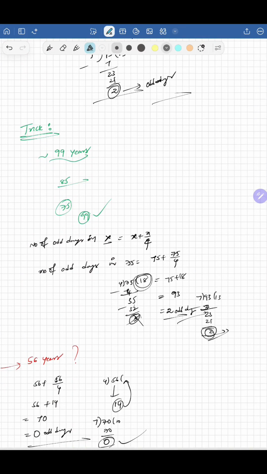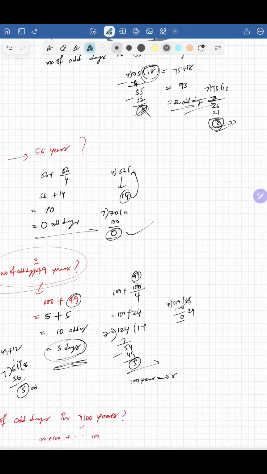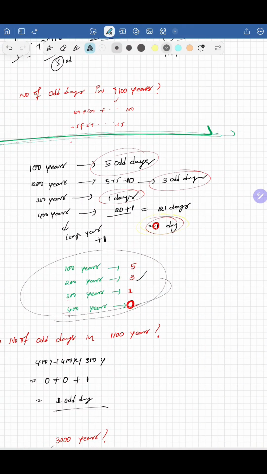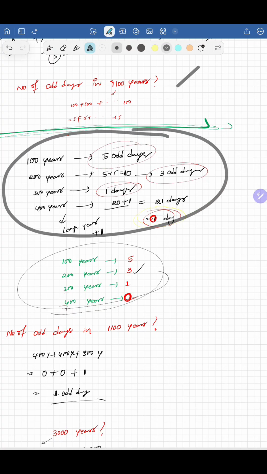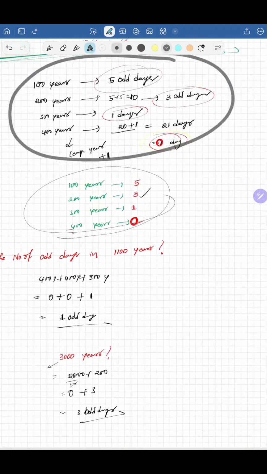So this is the trick also I have told you. This is a short trick. Up to 99 years you can easily solve by using this trick. If it is beyond 99 years, then you have to go through the conventional way, but it is the easiest way. Always go by the conventional way, don't go for the short tricks. So this is how you need to solve it.